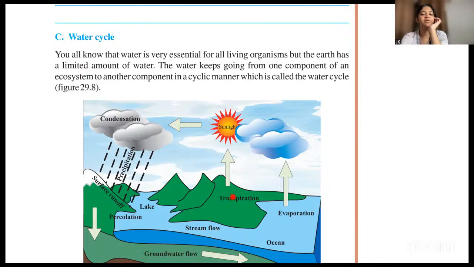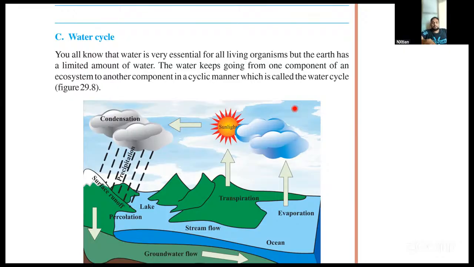Water from trees. Yeah. Basically, the plant loses water because sunlight is there on the leaf, and the leaf has stomata. The water is lost from the leaf of the plant because of the heat. If the loss of water from the plants is in the form of evaporation, it's called transpiration.